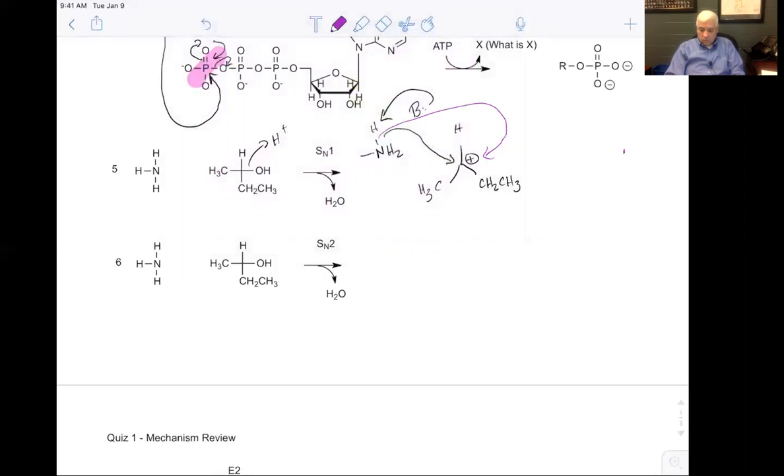One could be this: H with the NH2, the CH2CH3, and the methyl group.